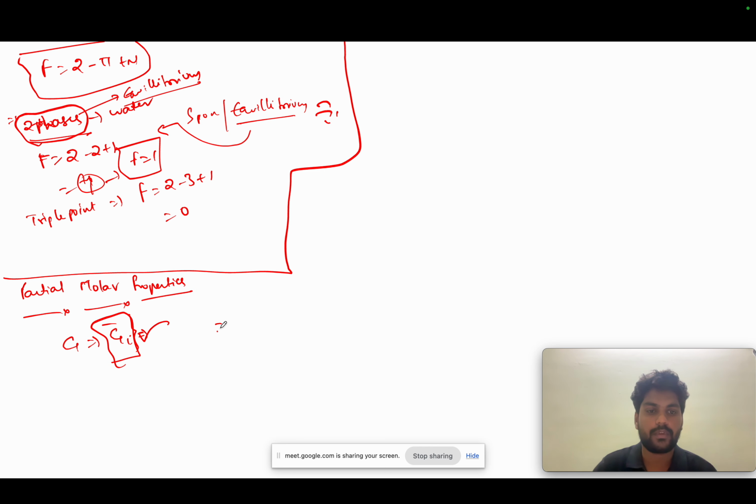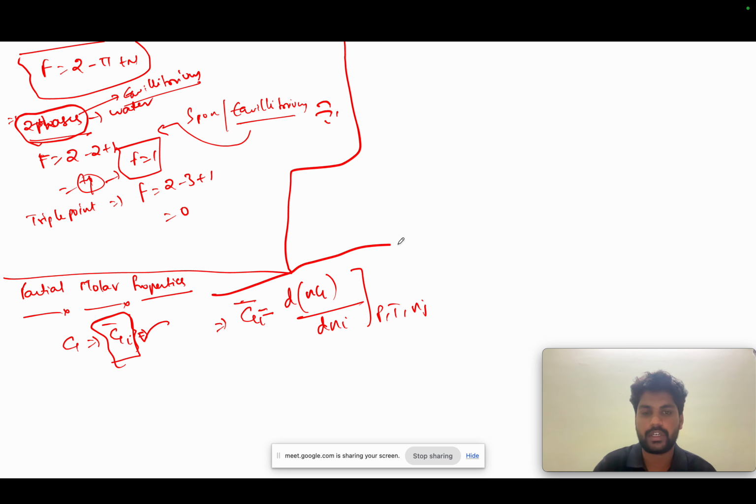So now we all know that G1 dash is nothing but d of nG by dn1 at constant T, P. So you know how this equation came? Is there any doubt regarding this equation? No, sir. Okay.